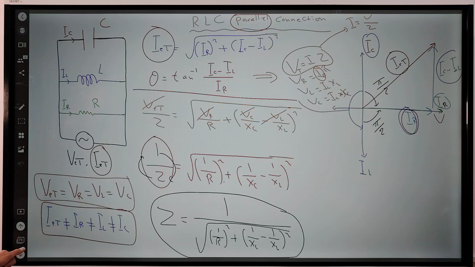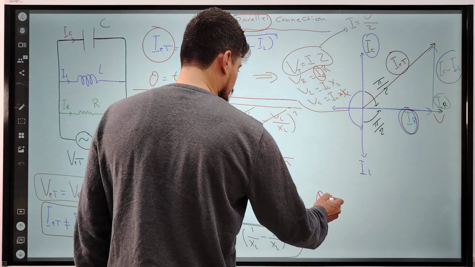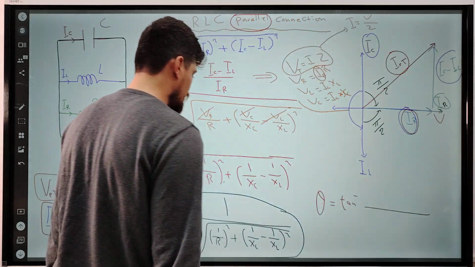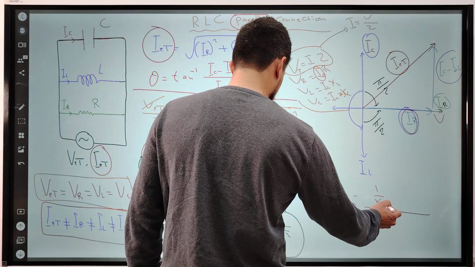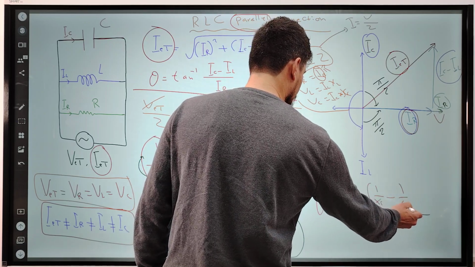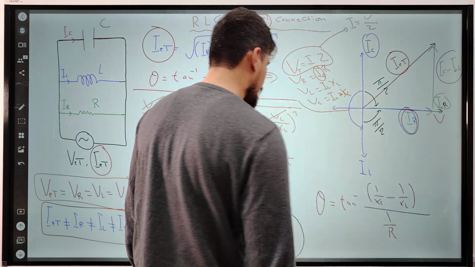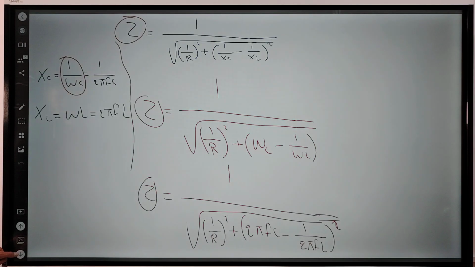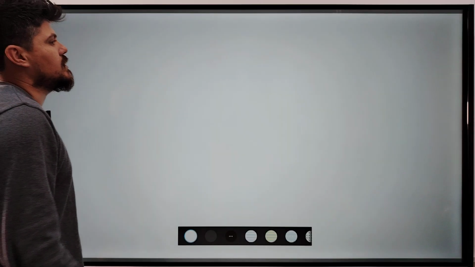Okay, and also you can find the direction of the angle: according to the total impedance, theta is equal to tan inverse of 1 over XC minus 1 over XL, divided by 1 over R. So you can draw the phasor diagram for the impedance like that.